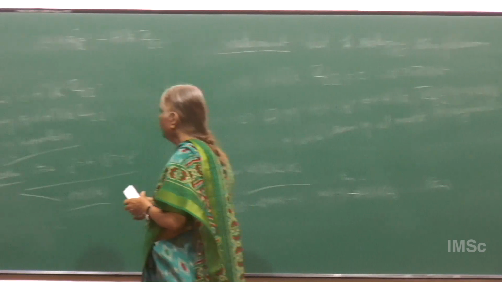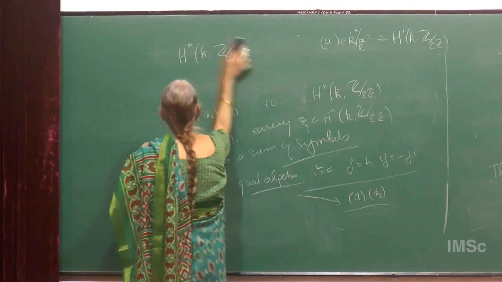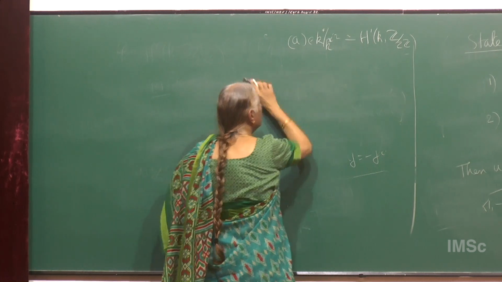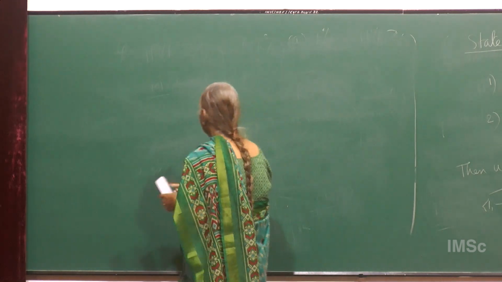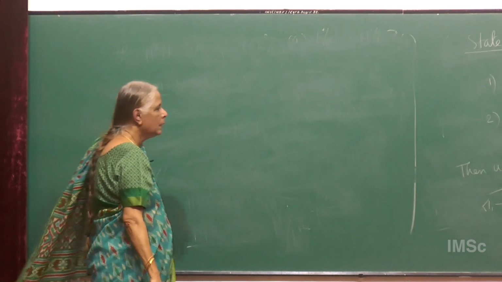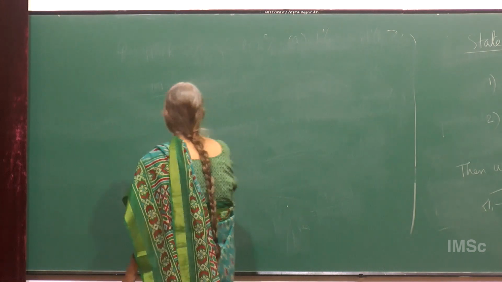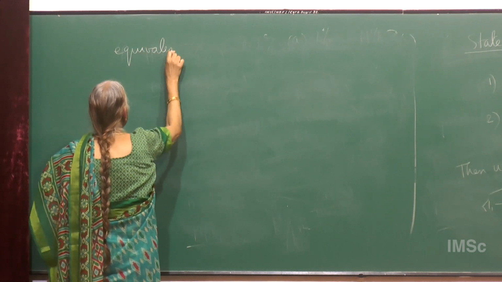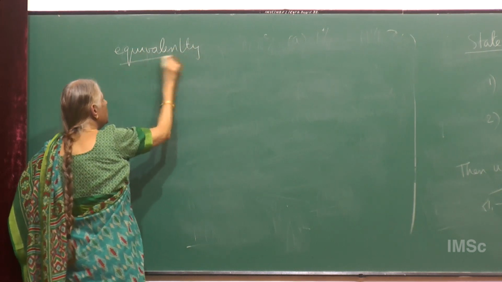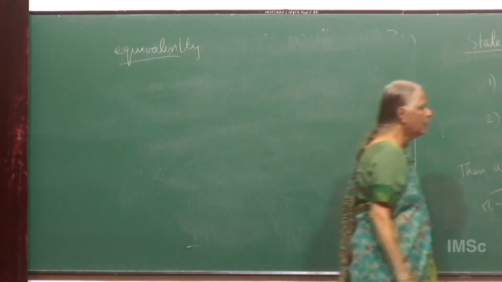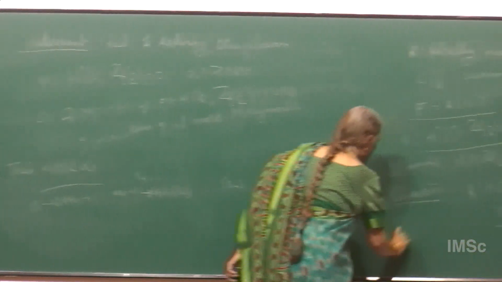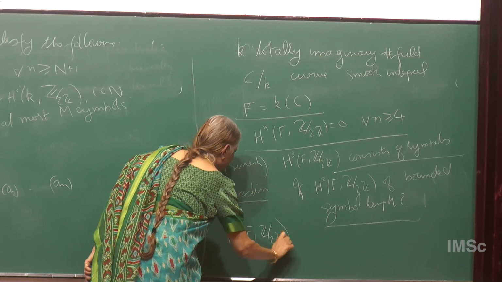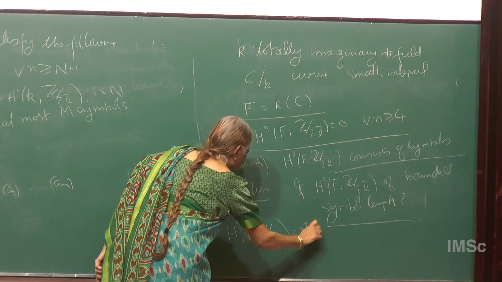H2, as I said, is the two-torsion of the Brauer group of F. So this is a problem on the Brauer group. Equivalently, I'm not saying this is an obvious equivalence, H2(F, Z/2) is just the two-torsion of the Brauer group of F.